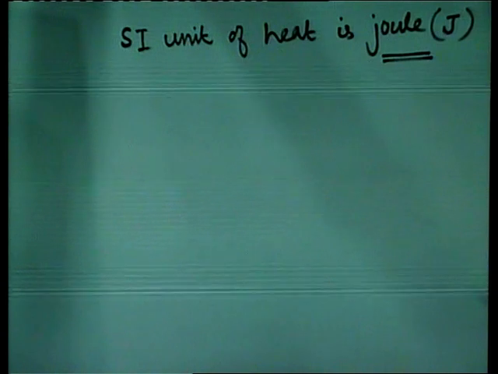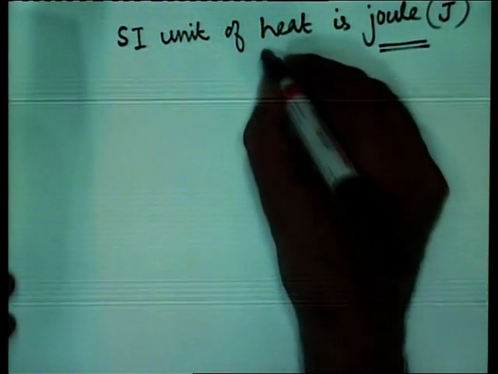Whether it is heat energy or electrical energy or mechanical energy or solar energy, all energies are measured in joule. This is the main advantage of this SI system, that it is a rational system. One quantity and one unit is used. So here also we have joule, which is the unit of heat energy.